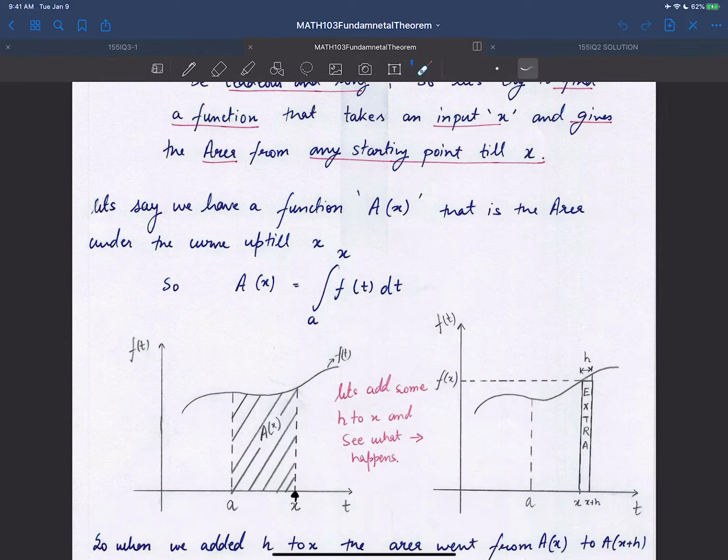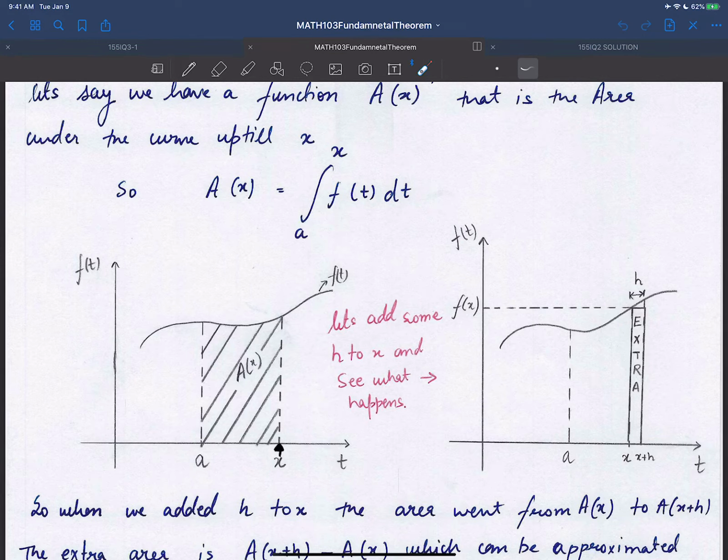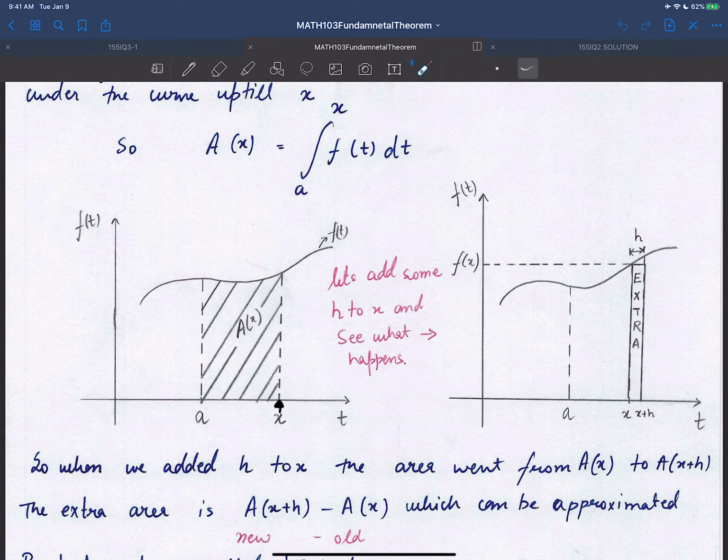Let's look at the graph for a second to visualize better. Here, this is some random function f of t, where this axis denotes t, and this is the function's f of t values. We're starting at some point a, and we're going up to some x point that has this arrow. The reason I have an arrow is that this could be movable.